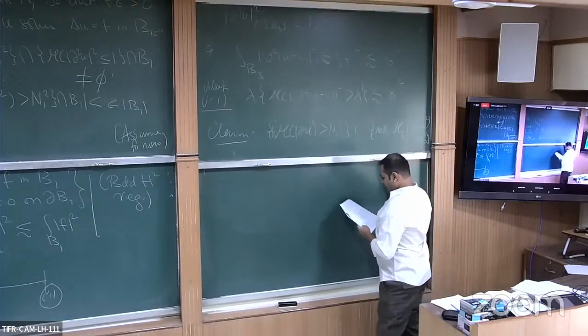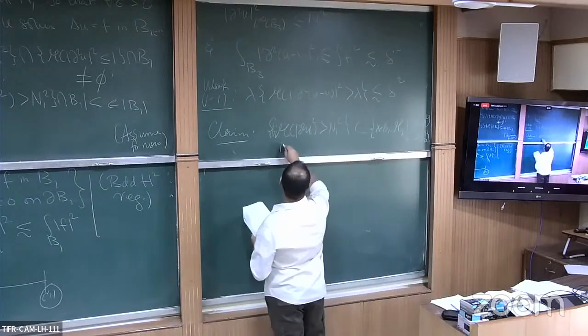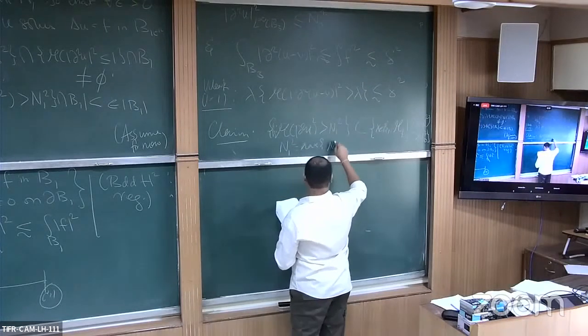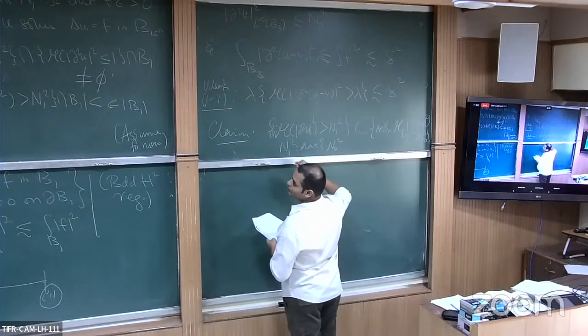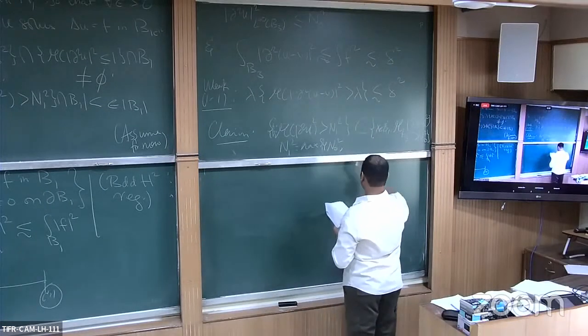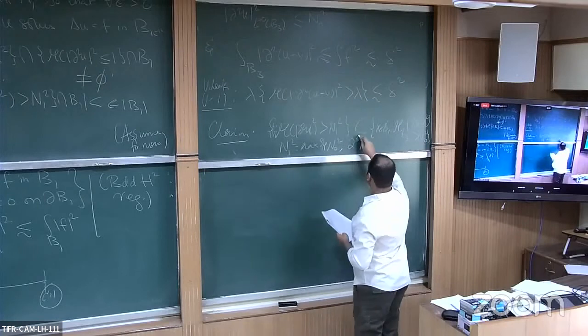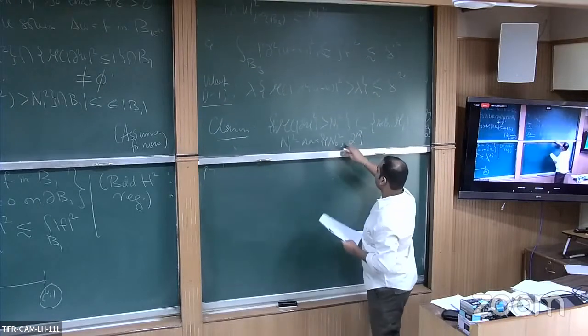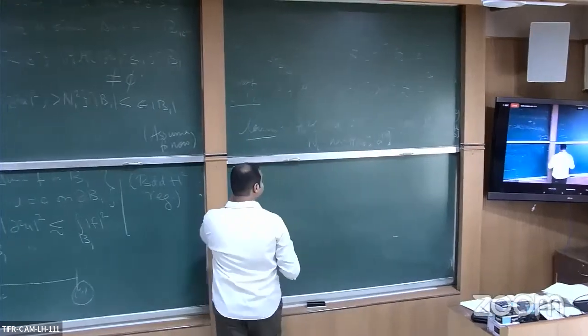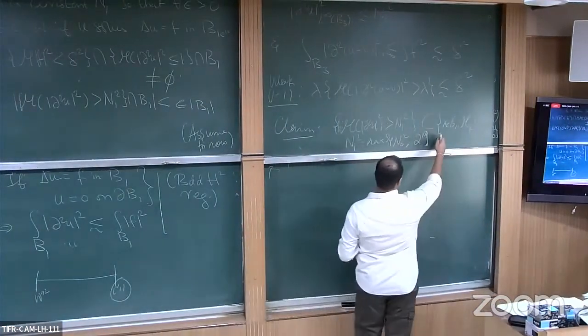Where N1 is like max of N0 squared and constants, right? I'm using 4 N0 squared and 2 to the power n. Again, these constants, but you see this has nothing to do with U. And how that happens is, well, I'll start here and show, if it's not clear.